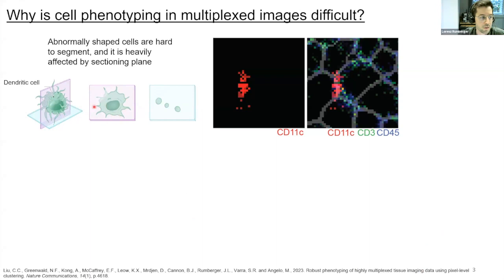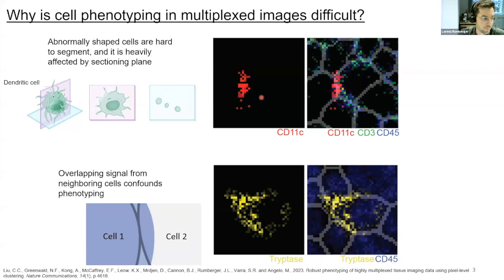When you have a nice cross section of the dendritic cell, you have nice marker patterns. But when you have an unfortunate sectioning plane, you get a marker staining pattern that looks like this, and the cell segmentation does not correspond to any of the cells here. It's in between, because it's an artifact of the sectioning plane.